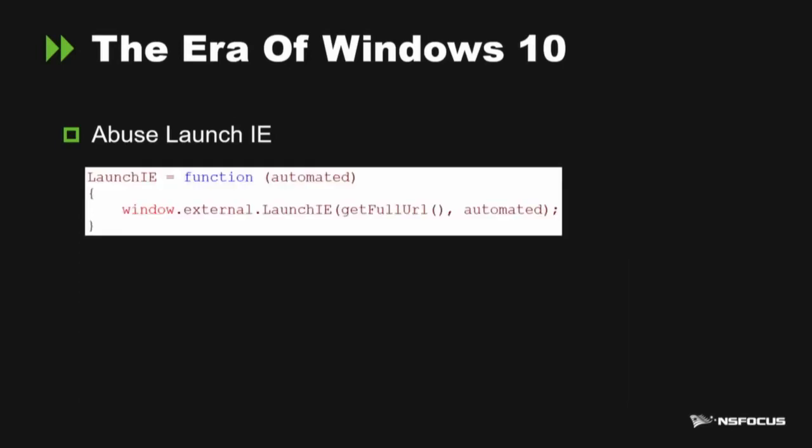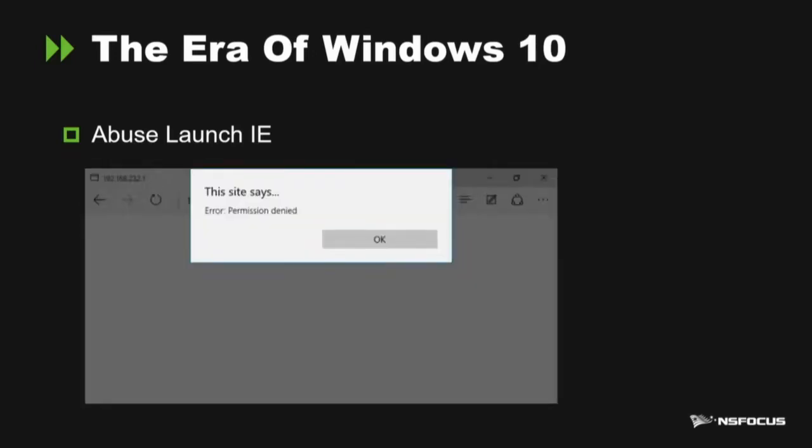Internally, it's just a simple JavaScript function call. But when you call this function in your web page, you will get an error, permission denied. This is because that function will check the URL which calls this function.